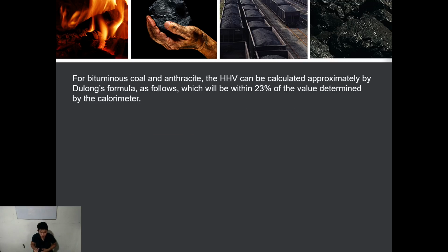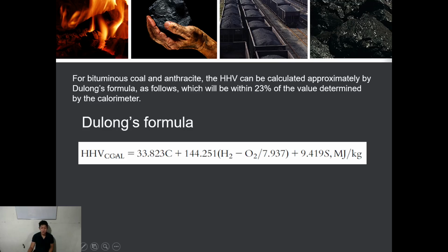Okay, for bituminous coal and anthracite, again, these are grades of coal. We'll discuss this later on. The higher heating value can be approximated by Dulong's formula. So this is Dulong's formula: 33.823 C plus 144.251 (H2 minus O2 over 7.937) plus 9.419 S, where S is sulfur.